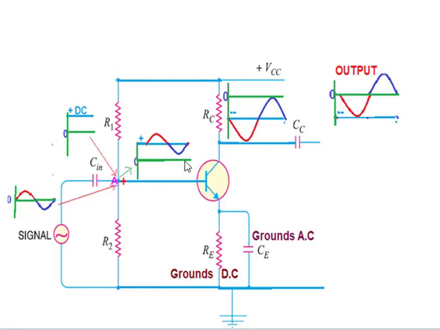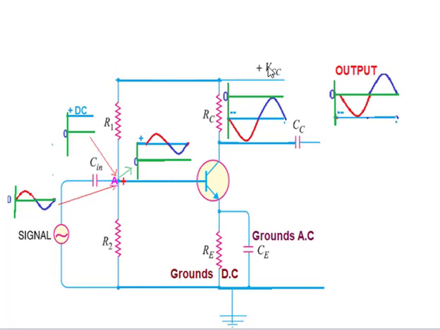This is the positive DC voltage. As it is connected in forward bias, the base is made up of P-type material in an NPN transistor. So it is given forward bias using the resistor network and the battery. The positive voltage is given to the base.